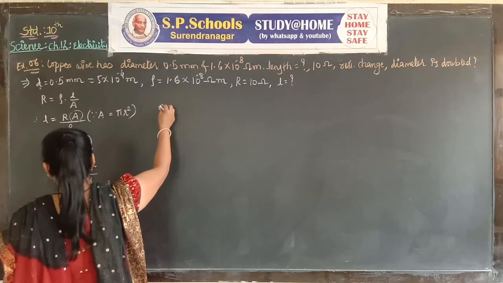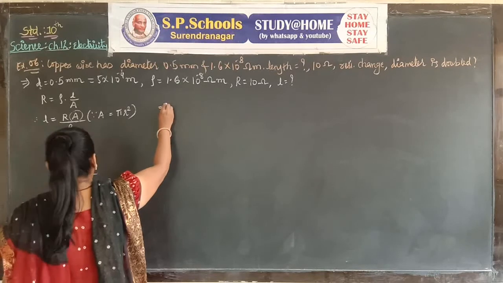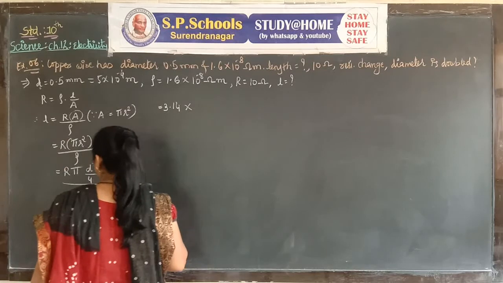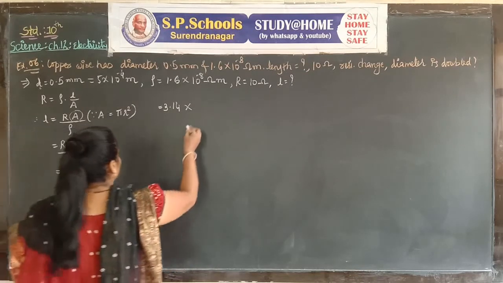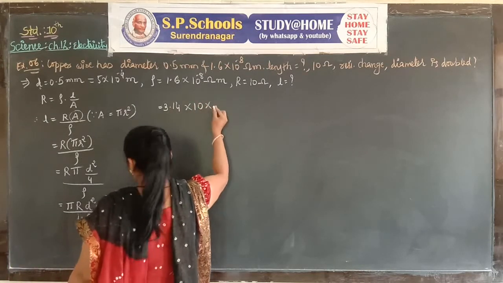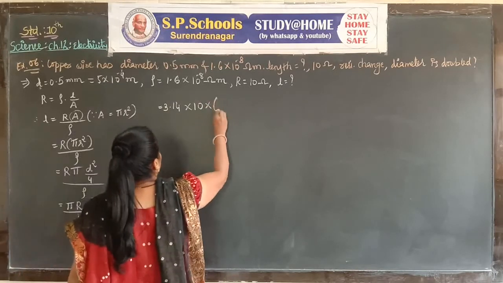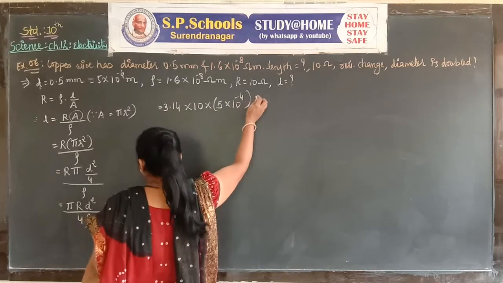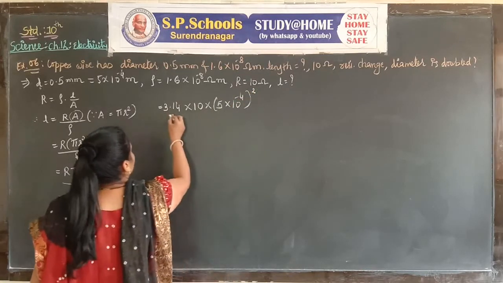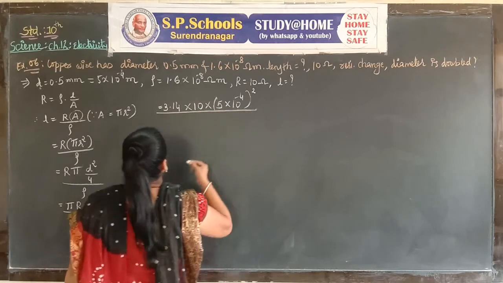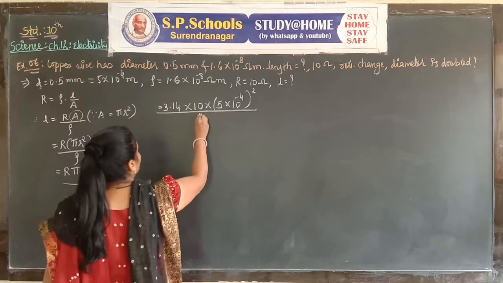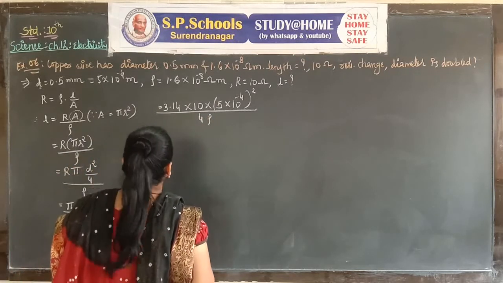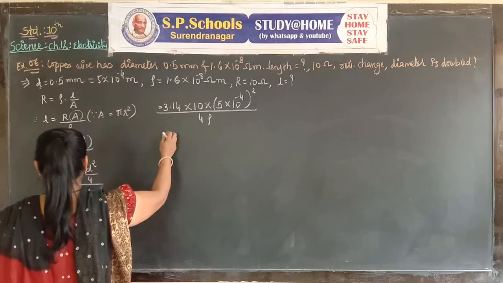Put the values of all the constants and given quantities in the formula. We have 3.14 into R, which is given as 10, into d, which is 5 into 10 raised to minus 4, whole squared, upon 4 into rho.